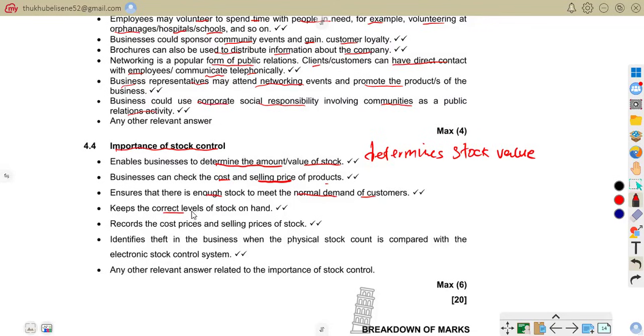It keeps the correct levels of stock on hand. So it keeps correct stock levels, which means it avoids overstocking or understocking.